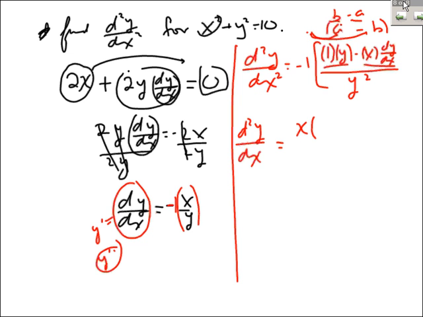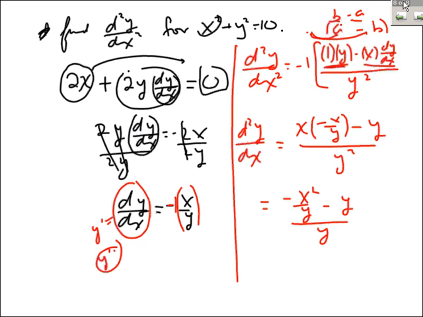Maybe it doesn't even pay to do that. Okay, let's do that. dy/dx is negative x over y, minus 1 times y is y. All of this is over y squared. So what we have is negative x squared over y minus y over y squared.